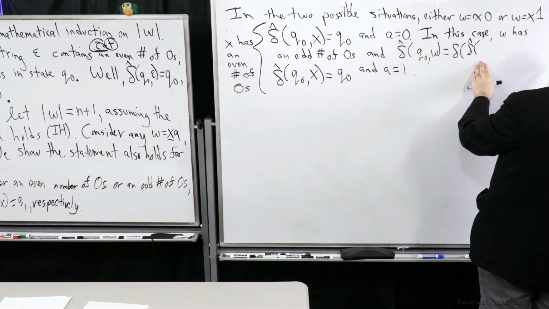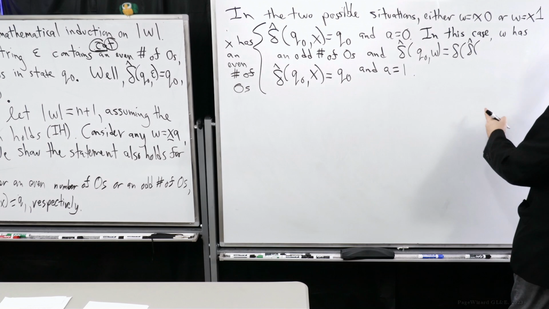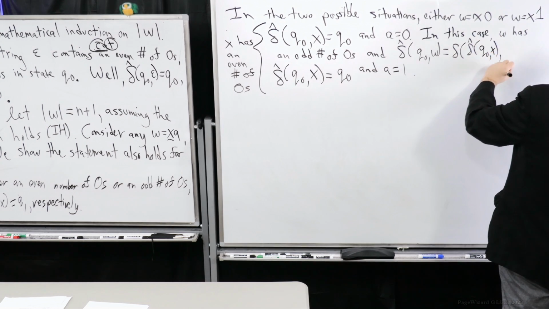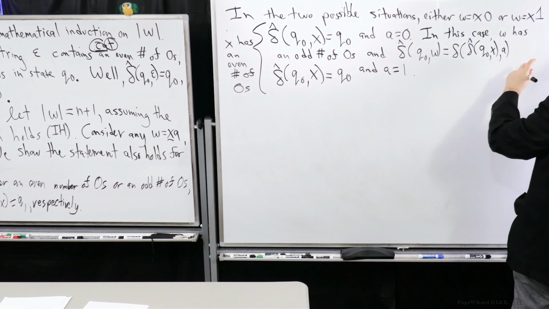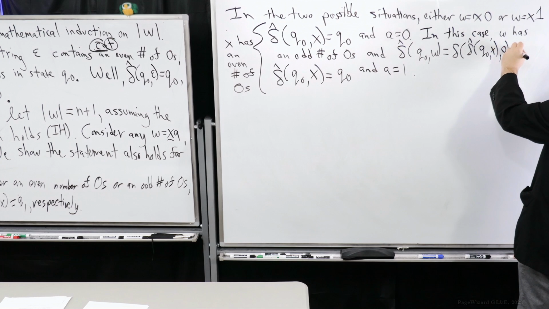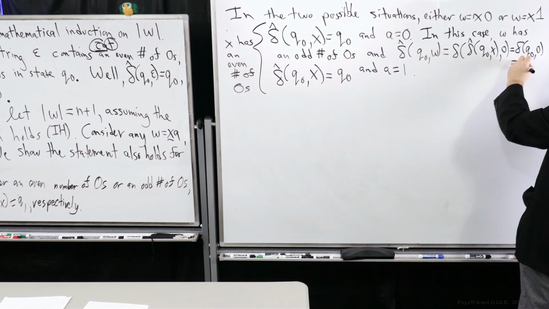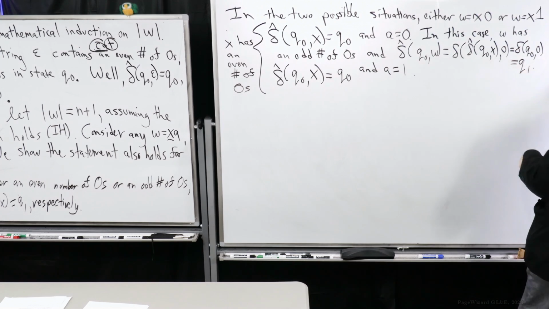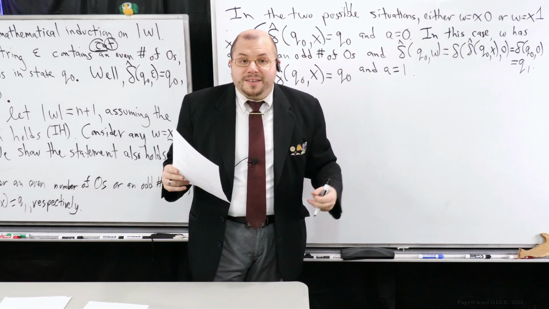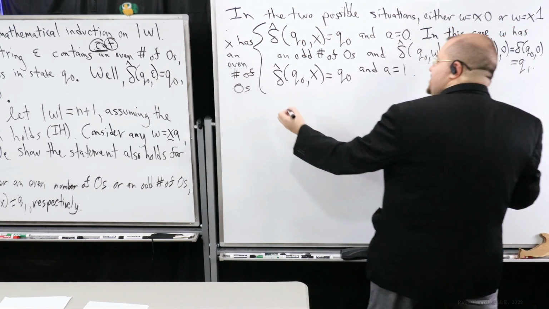So I just apply the recursive, or inductive, part of the definition: delta hat of Q0X upon reading A. But in this case, A is equal to 0, right? So this is just Q0 upon reading 0, which is equal to Q1. That's exactly what you'd expect to happen, right? An odd number of zeros lands up in Q1. Exactly what you want.